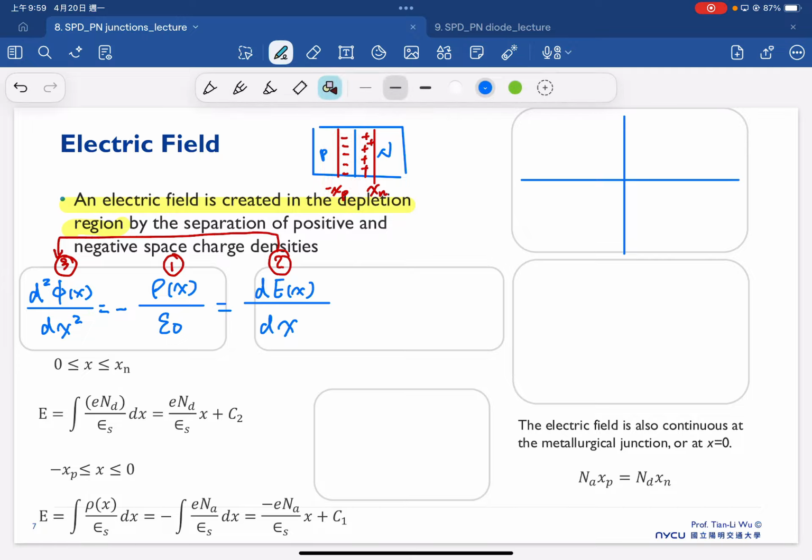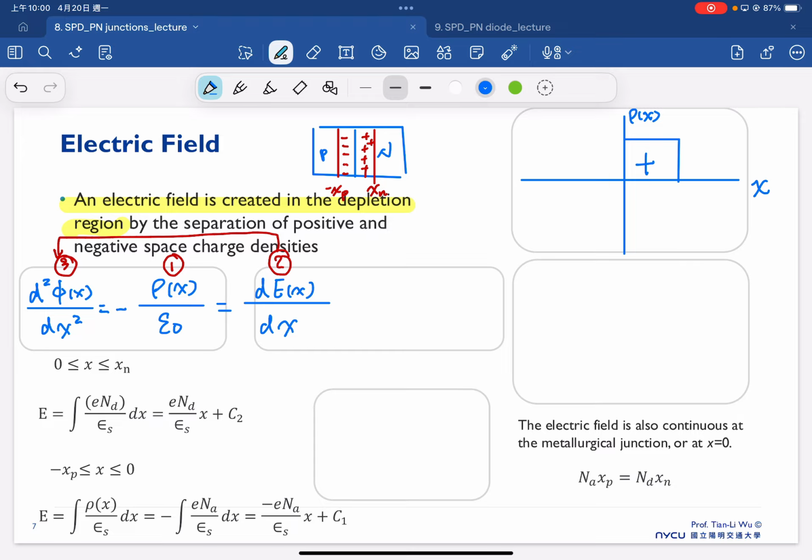So the charge distribution here, ideally, is along the x direction, and this is our rho x in the y direction. First of all, we must have the positive charge in the positive x direction, and because of this, inside the space charge region we have charge balance.